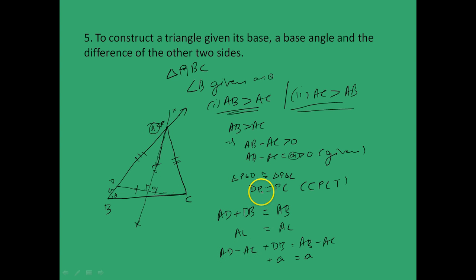That is what we used to call P is now A, so DA is equal to AC, and so these two cancel, and this statement reduces to an identity, and therefore triangle ABC is the required triangle.